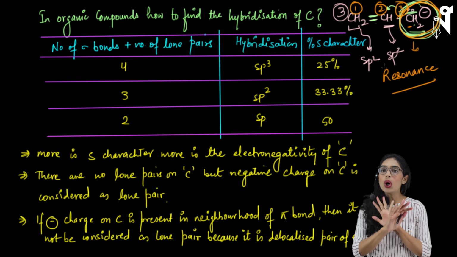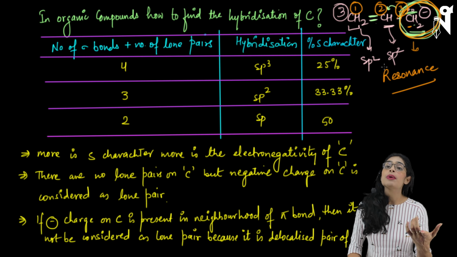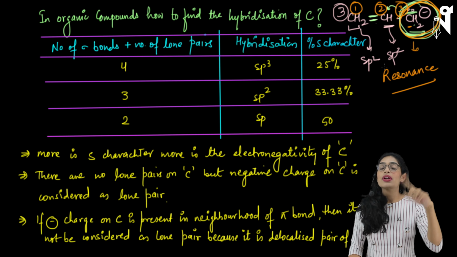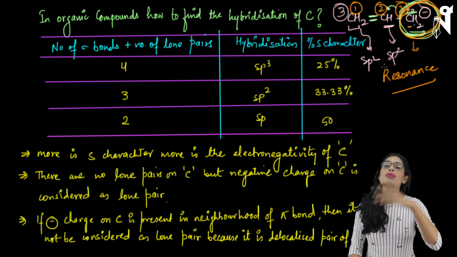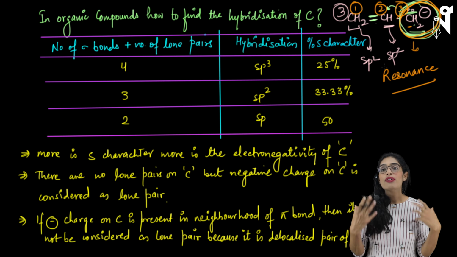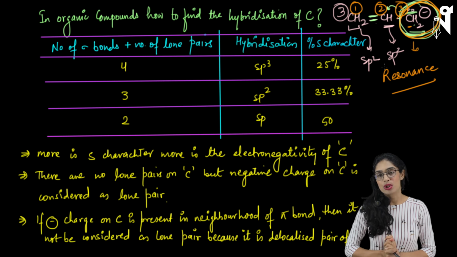That's all we have to understand right now. If you want to go deeper, that pair of electrons is not going to stay with that carbon and will eventually shift to some other carbon. Such movement of electrons from one place to another is called delocalization.